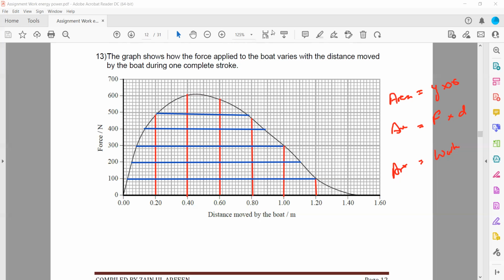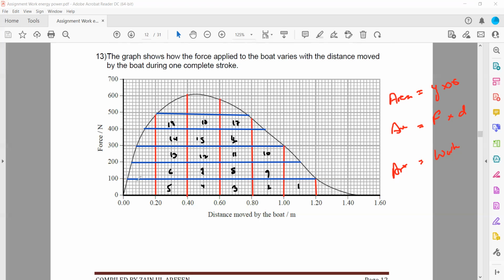So we'll start with the complete boxes: 1, 2, 3, 4, 5, 6, 7. Then this one is 8, 9, 10, 11, 12, 13, 14, 15, 16. But this is always an estimation. So this is about 17, 18, and 19. So 19 of them appear to be complete boxes.